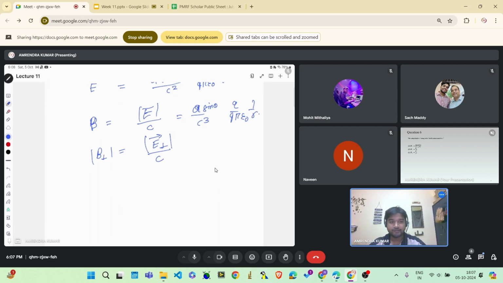The time dependence comes in this electric field. So you do this B dot dl equal to, because you can always write del cross B equal to mu 0 epsilon 0 del E over del T.